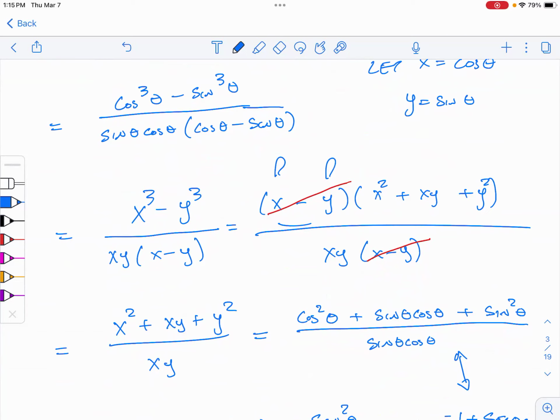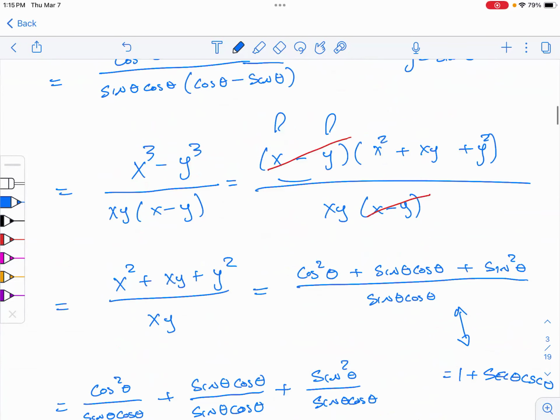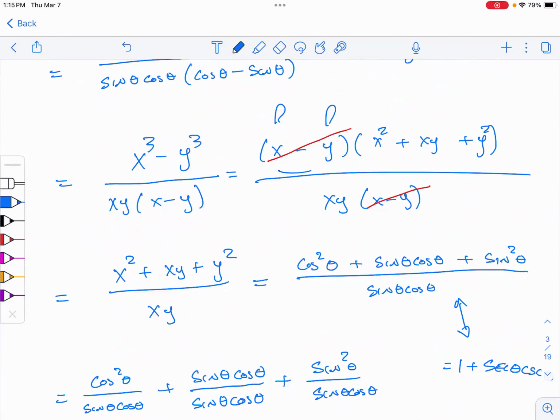X squared plus Y squared, I don't see that's the fundamental identity until I get it back here. Actually, just as a note, at this stage I could have broken it up and canceled, and we could have gotten all the way to the end in X's and Y's. There would have been 2 steps with trig functions.